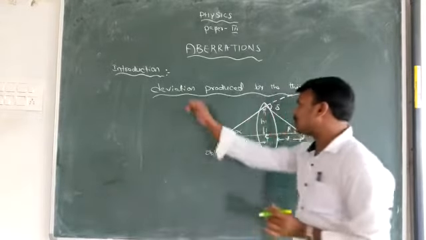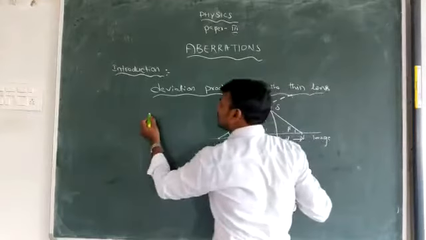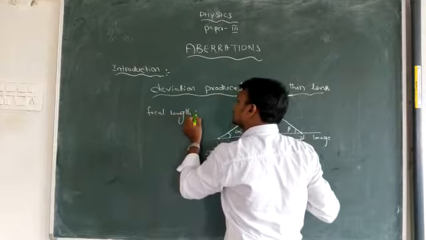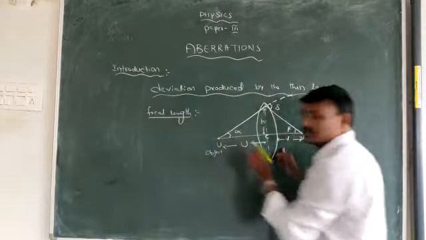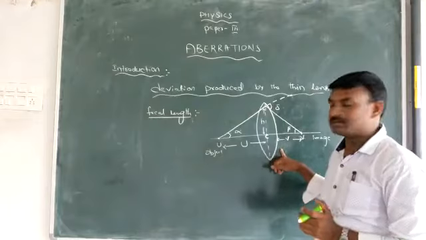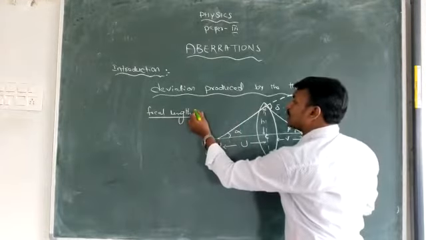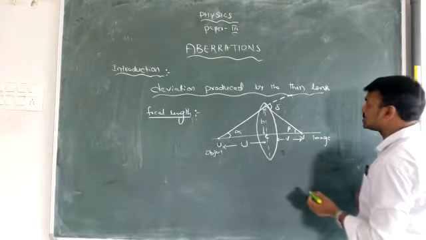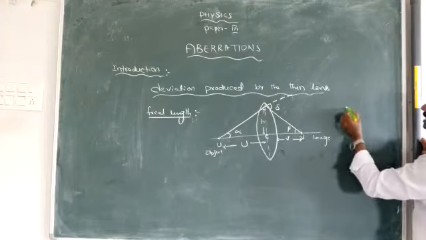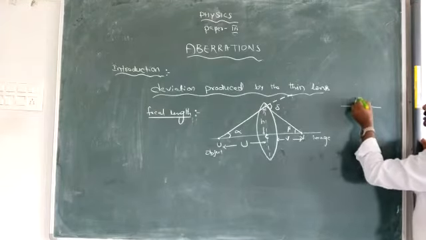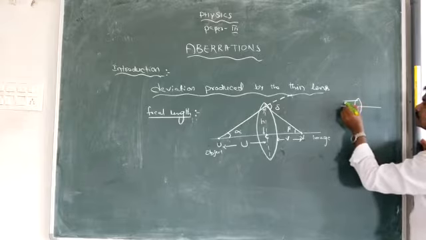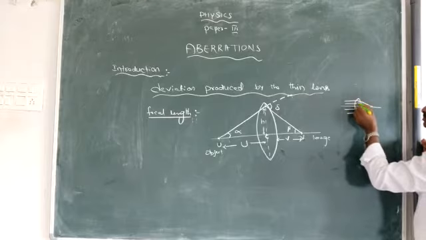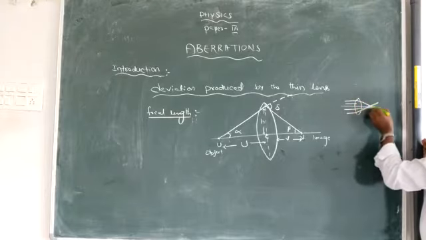Before we discuss this diagram, what is focal length? Focal length is defined as the distance between the principal point and the midpoint of the lens. Let us take a lens, and all the rays are incident on this lens and focused at a point.